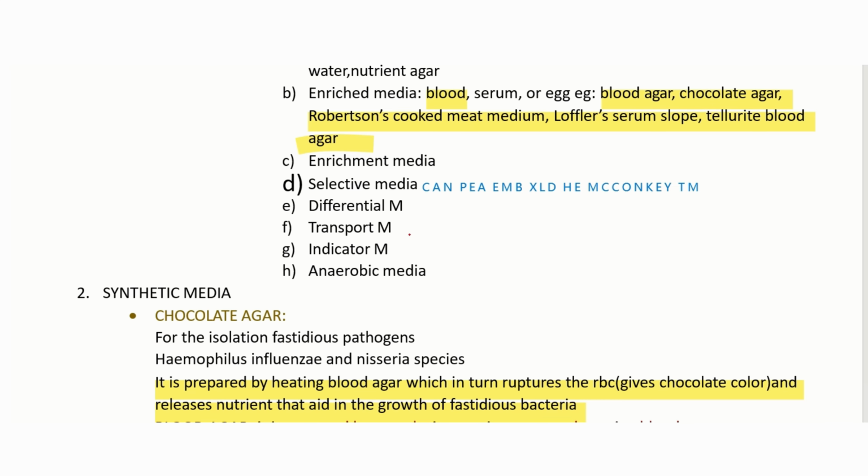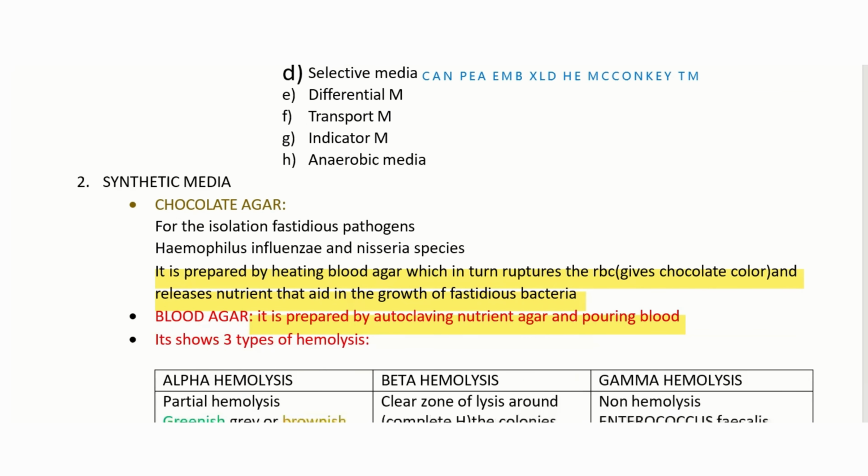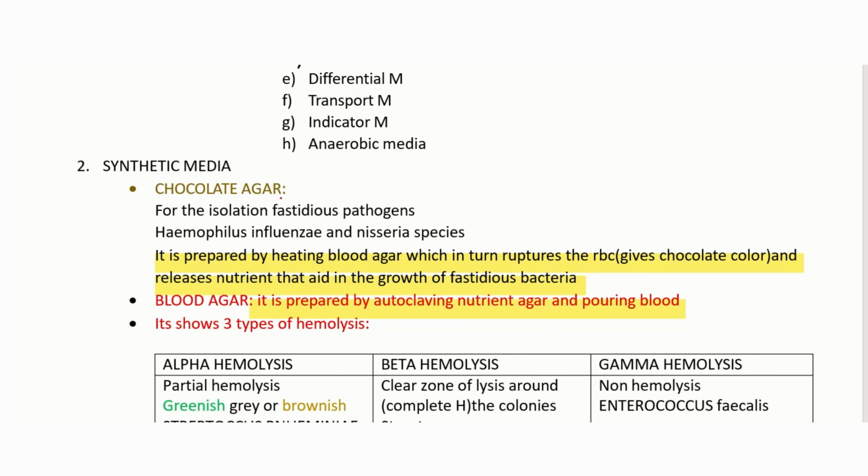Differential media, transport media, indicator media, and anaerobic media. The next is synthetic media, which is chocolate agar. It is usually for the isolation of fastidious pathogens, Haemophilus influenzae and Neisseria species. This is the very important one.